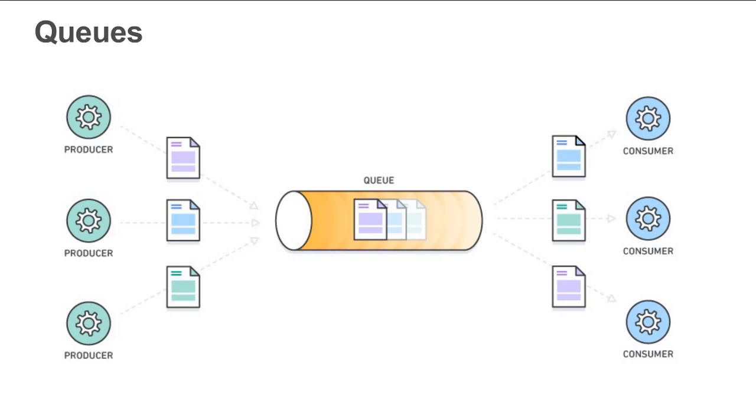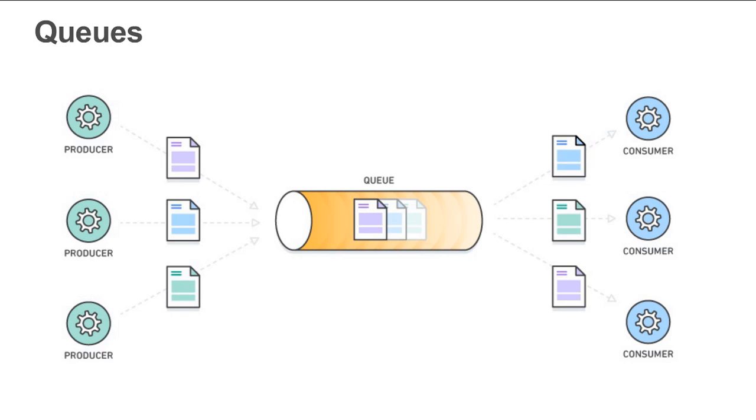So the first concept in messaging, the most simple one and one of the most powerful ones, is queues. What are queues? Queues are durable buffers for your messages. And they have pretty simple operations. One is you can obviously send a message to a queue, and once you get a confirmation that a message was stored in a queue, the message is supposed to be durable, it won't go away.